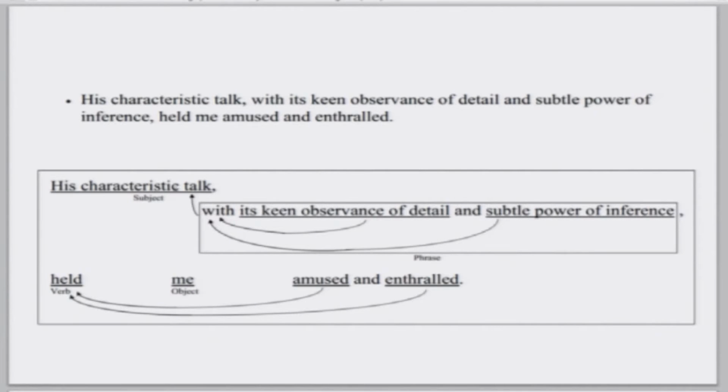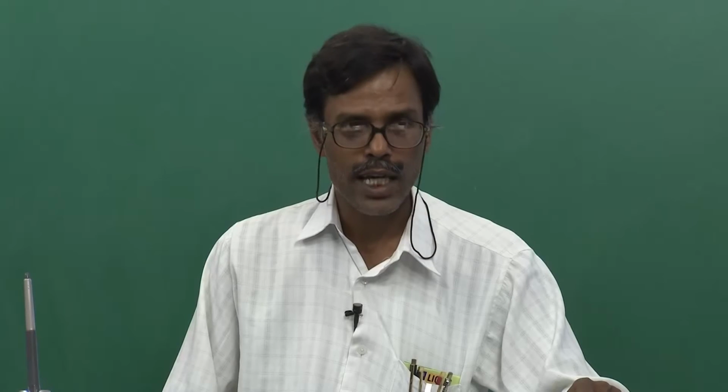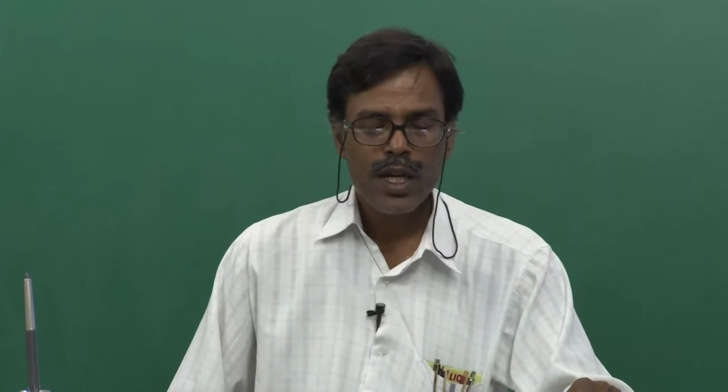So, what kind of characteristic talk? Talk with these things. So, this entire phrase is operating like an adjective to this word talk. Another adjective to the same word talk is characteristic. Okay. So, what kind of a sentence is this?